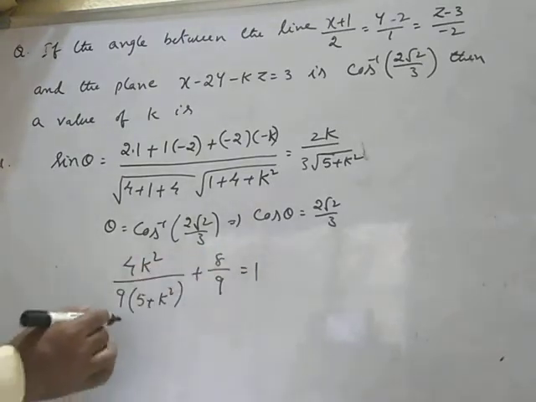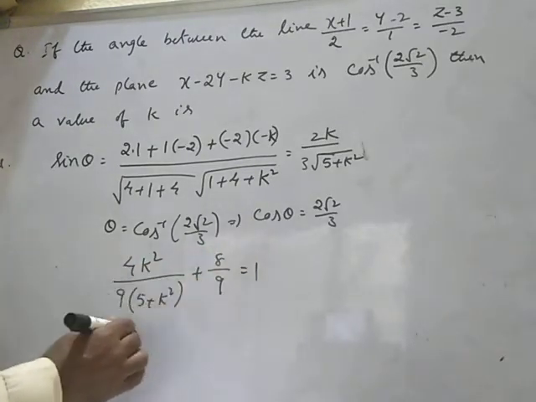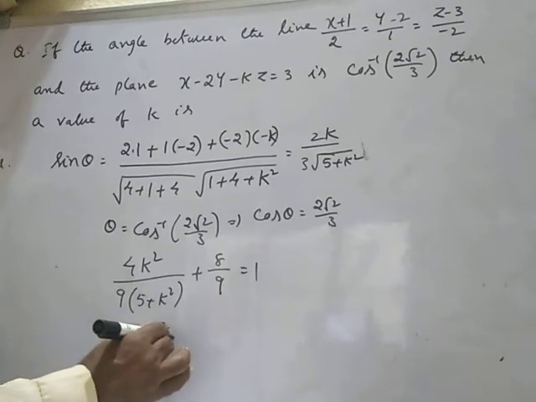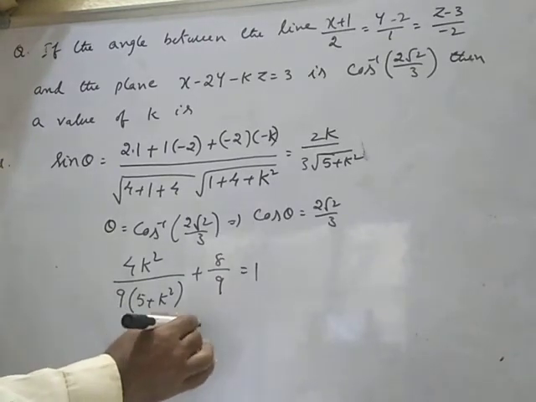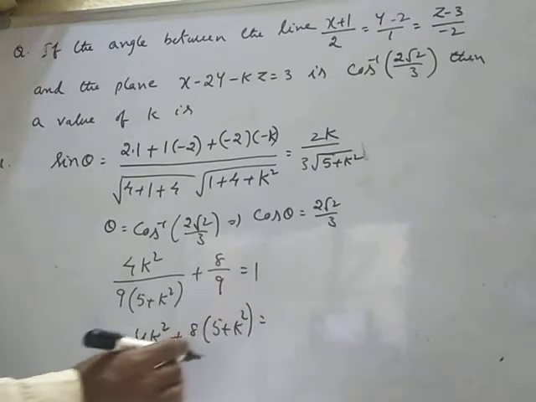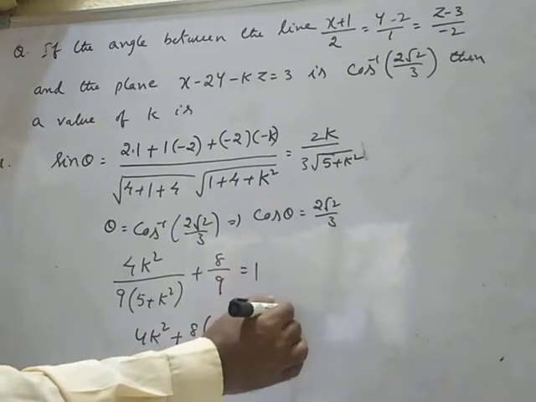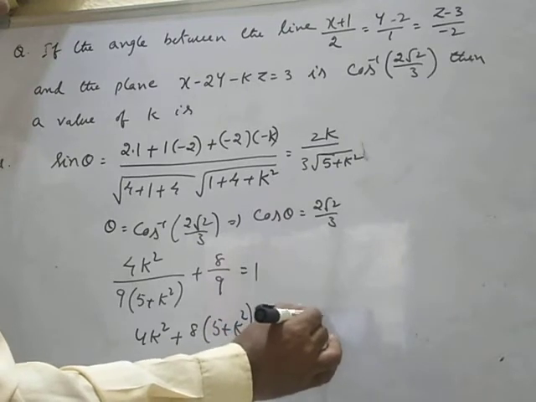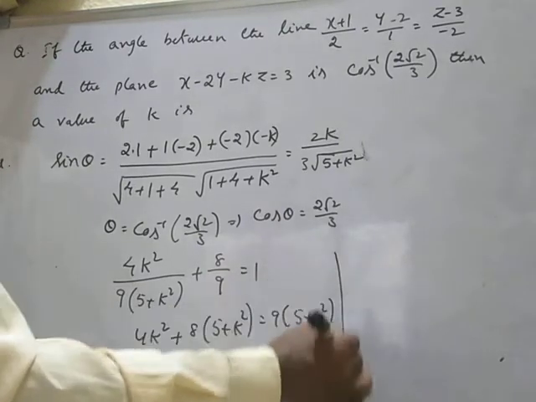Here by taking LCM and simplifying, 4k square plus 8 into 5 plus k square is equal to 9 into 5 plus k square.